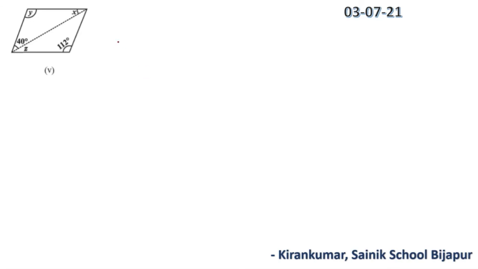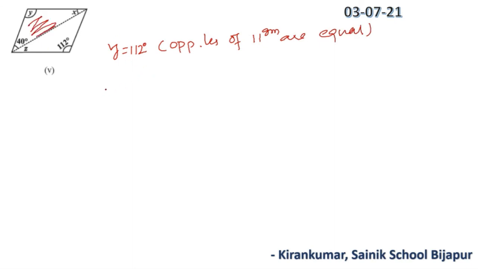It's very clear that opposite angles are equal, so y will be equal to 112 degrees. The pair of opposite angles of parallelogram are equal. Now you just see this triangle, y plus 40 degrees plus x will be equal to 180 degrees. That's because of angle sum property of triangle.